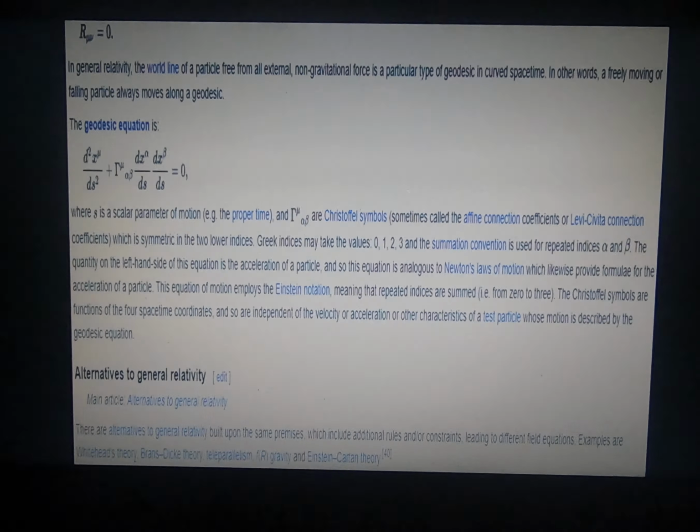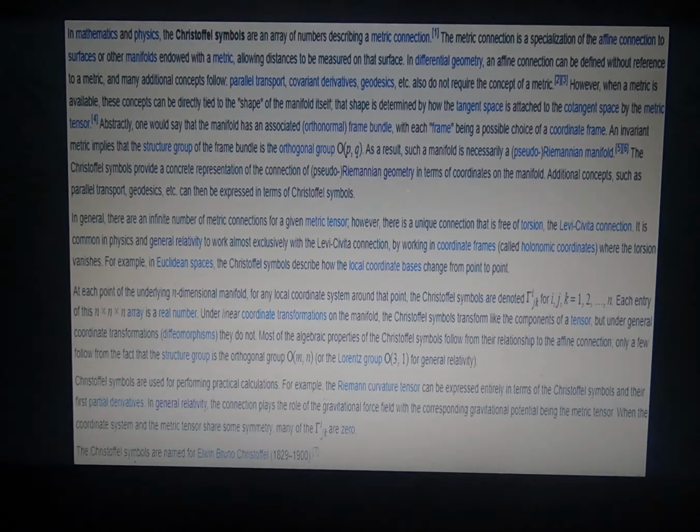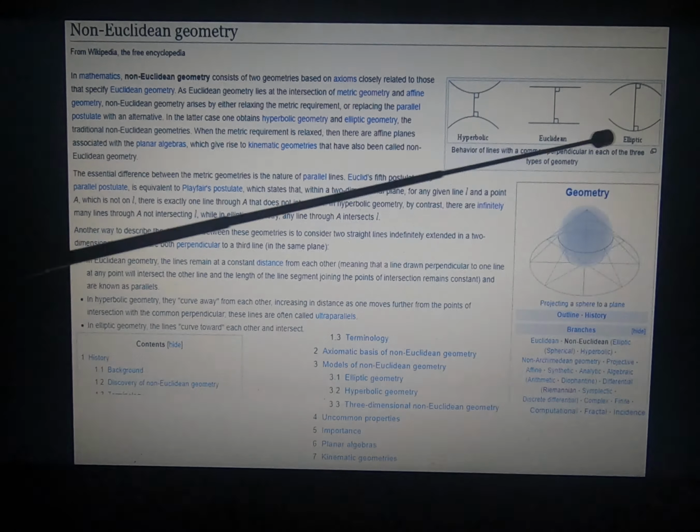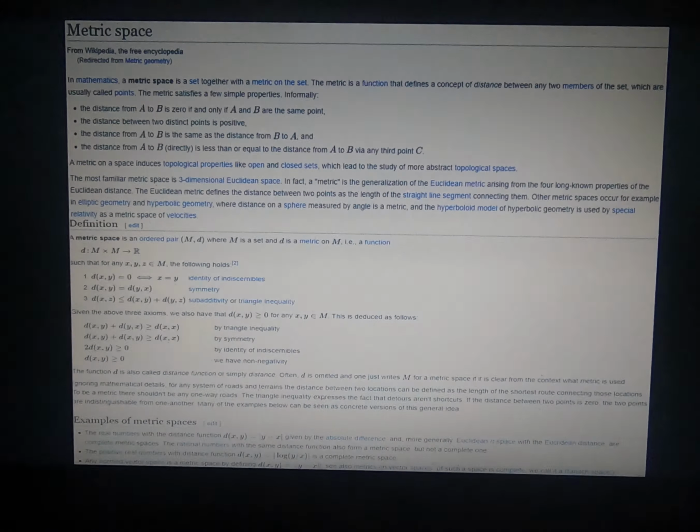So these are Einstein's equations, and they are all tensors. And non-Euclidean geometry is also important to know.